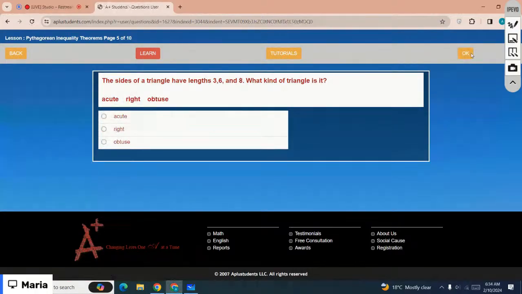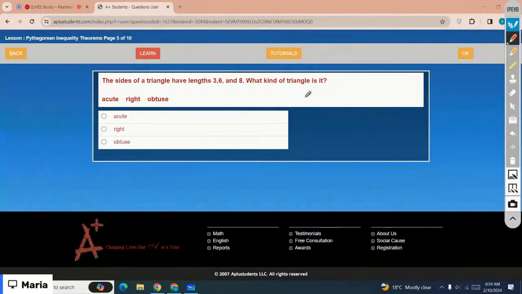Okay, the sides of a triangle have lengths 3, 6 and 8. What kind of triangle is it? So you have to do 8 squared versus 3 squared plus 6 squared. That is 64 versus 9 plus 36, which is 45. 64 is greater than 45.